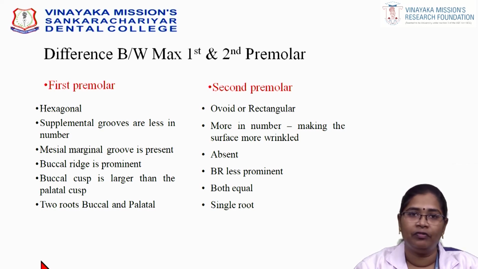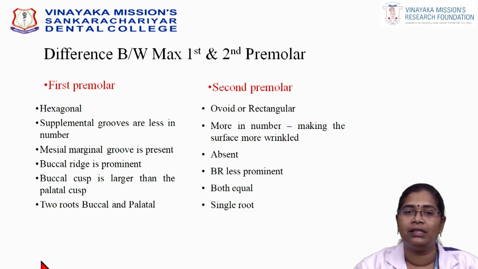Another feature is that supplemental grooves are fewer in the maxillary first premolar and more numerous in the second premolar, giving a more wrinkled appearance to its occlusal aspect. The mesial marginal groove is very marked in a first premolar, and less prominent or sometimes absent in the maxillary second premolar.